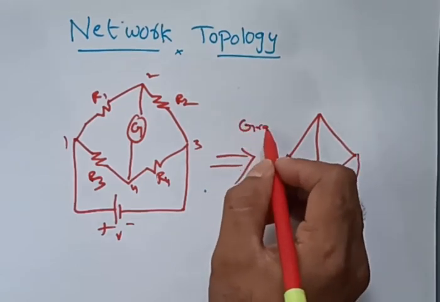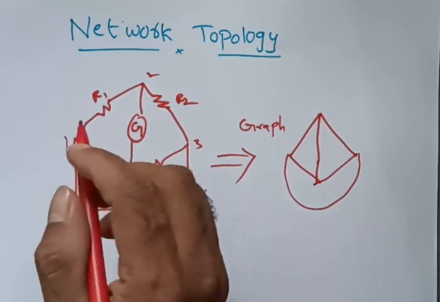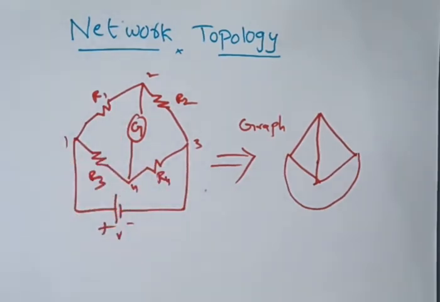So this is the way one can draw the graph for the given network. Network topology completely deals with these graphs, so we can simply call network topology a graph theory. Now let us discuss the basic terminology involved in network topology.